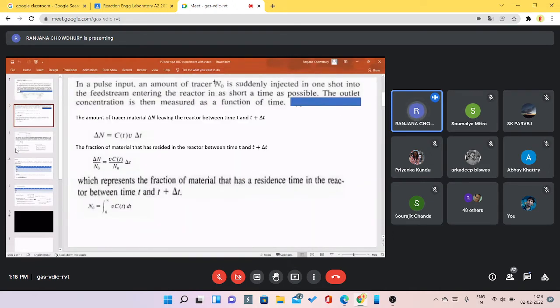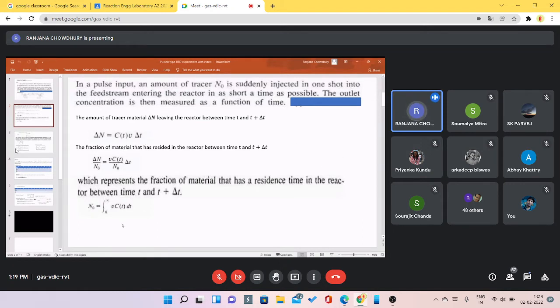We know that in case of a pulse input, we introduce a certain amount instantaneously, and the amount of tracer material leaving the reactor between t and t plus delta t can be obtained by C(t) into V into delta t.